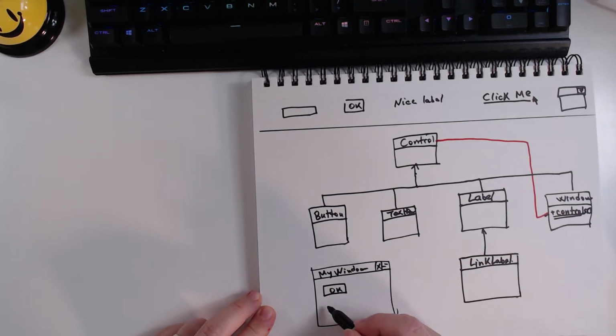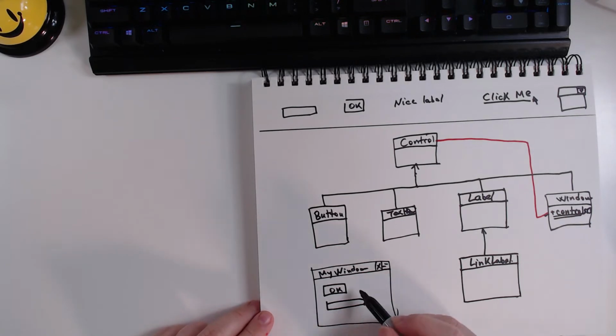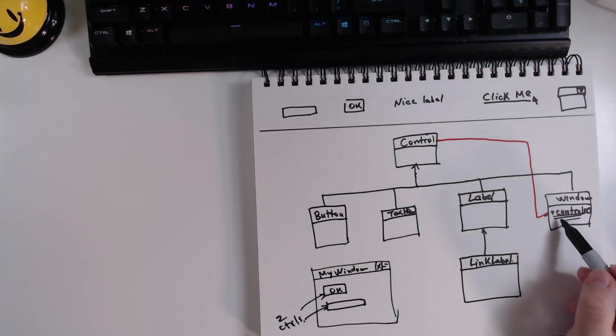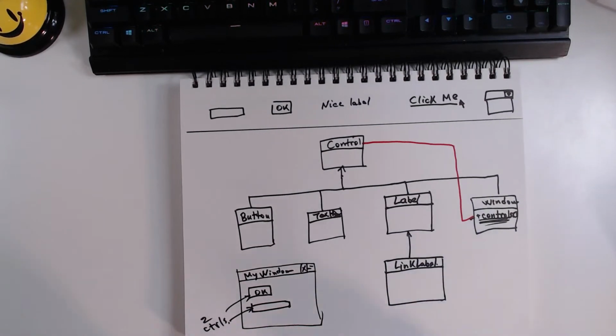We'll have a button, we'll have a text box, and things of this nature. So for instance, this particular window has two controls, this one and this one. These are two controls that are inside the window. So that's why the window keeps a collection of controls.